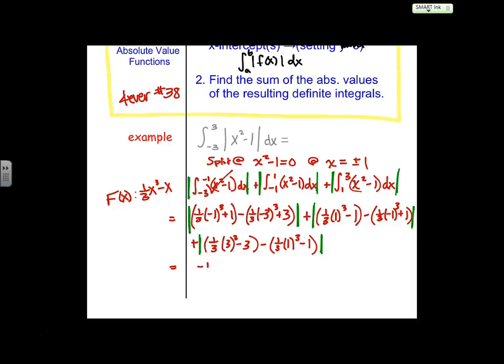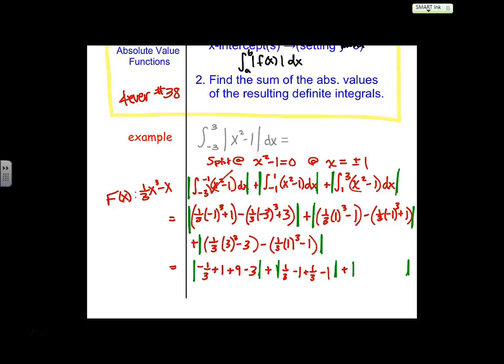I see negative 1/3 plus 1. That's 27 over 3 is 9, but negative 9 minus negative 9 would be plus 9 minus 3. Then I have 1/3 minus 1, negative 1/3 plus 1/3 minus 1, I think.